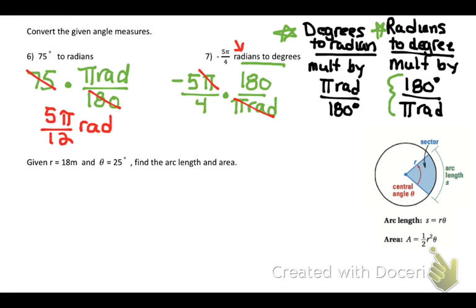Anyway, we can cancel these out, and then divide by 4, so that's 1. Divide 180 by 4, that's 45. So we end up getting negative 225 degrees.